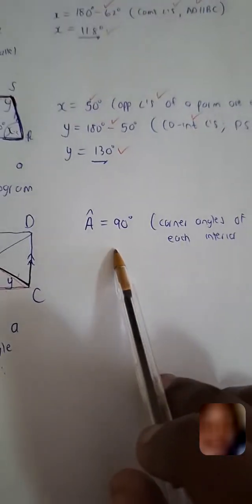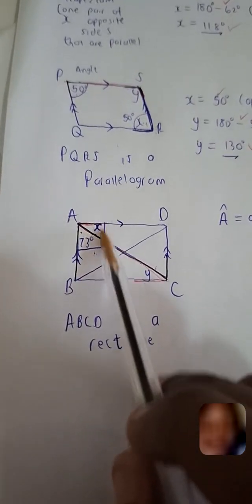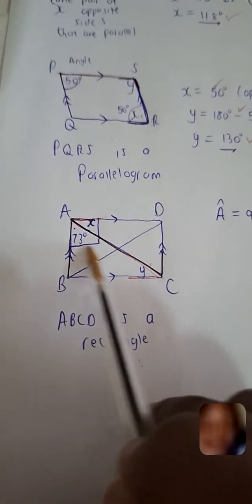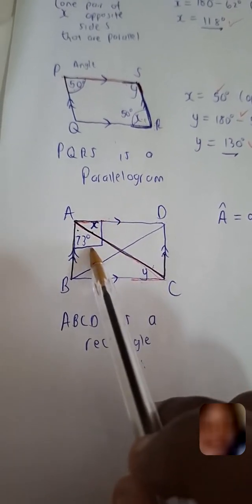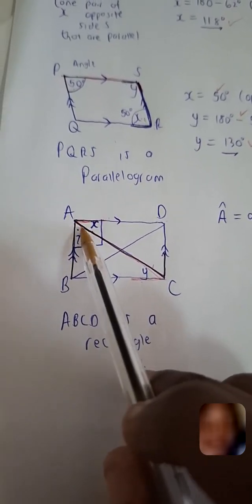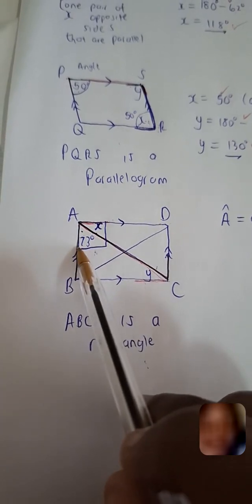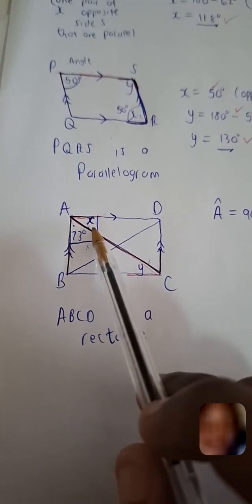Okay, so that is a very important property that you see here. So if the total angle here is 90, I have this portion being 73, and this portion here being x. I want the value of x.